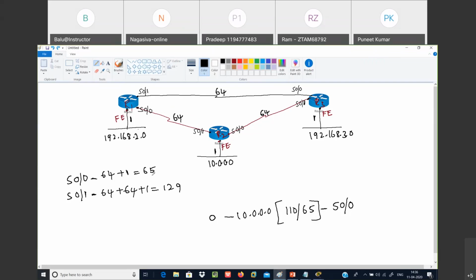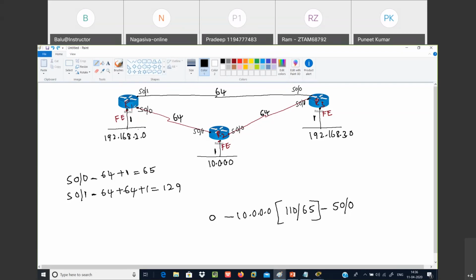The major advantage of a dynamic routing protocol is that when the best route fails, within seconds it automatically finds the second best route. Automatically, or do we need to configure manually? Automatic, right? Whenever 0/0 goes down, traffic can go via the other interface.